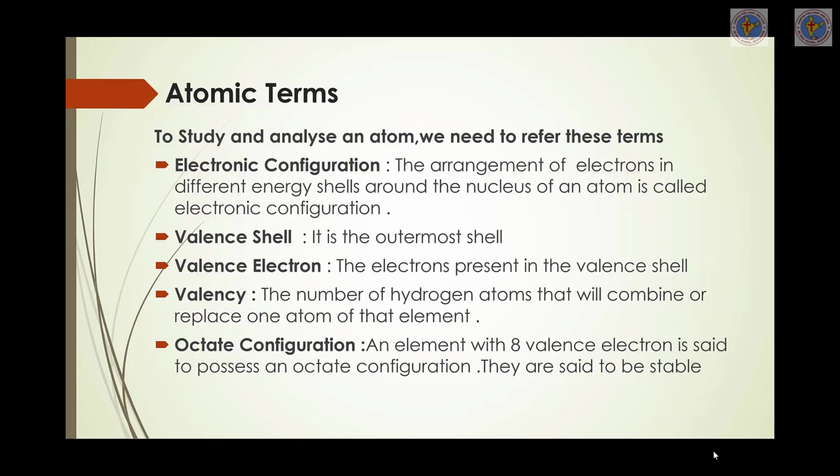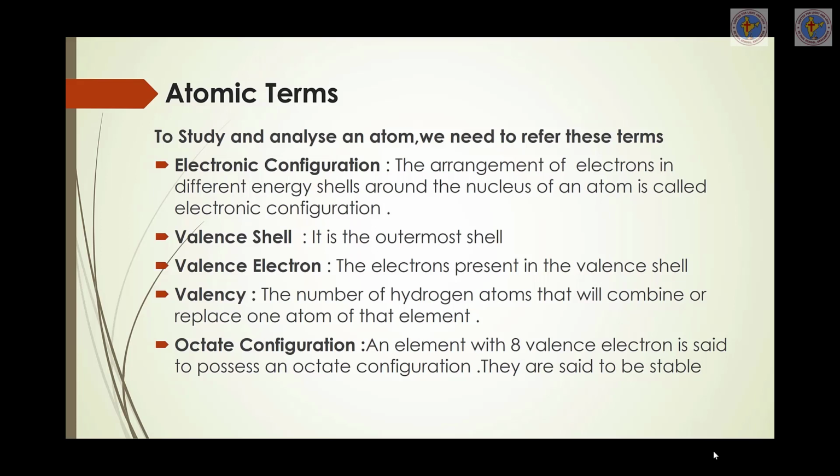Children, at first let us learn some atomic terms one by one. Electronic configuration. The arrangement of electrons in different energy shells around the nucleus of an atom is called electronic configuration. Valence shell. The outermost shell is called valence shell. Valence electrons.